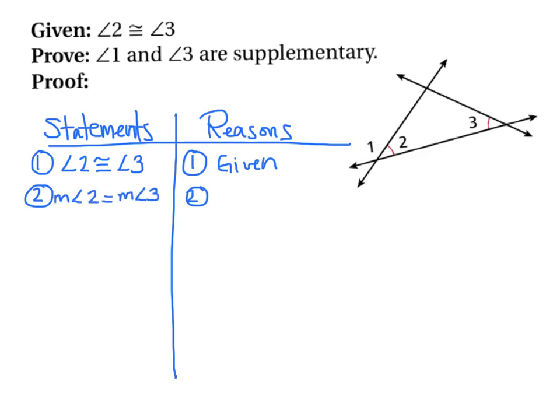So then we can say that the measure of angle 2 is equal to the measure of angle 3 because of the definition of congruent angles. Statement 3. Where do you think we can go from there? The measure of angle 2 and the measure of angle 3 are equal.